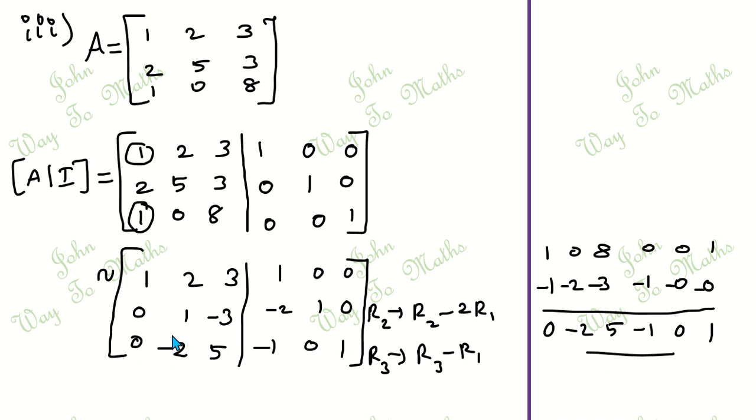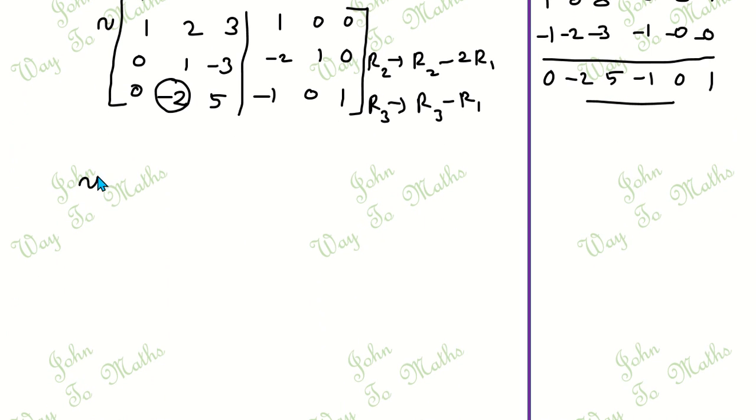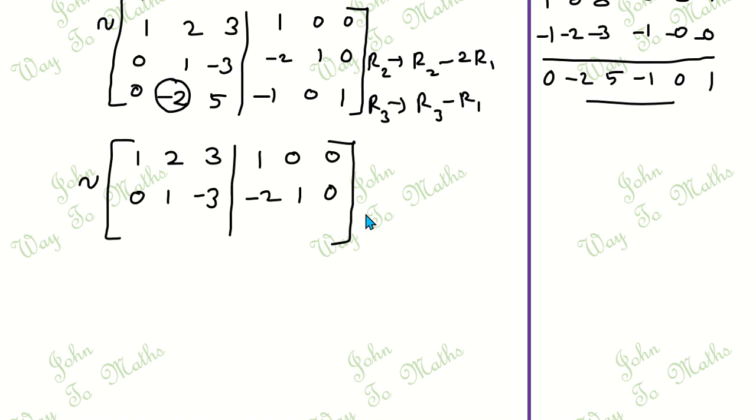Next I'm going to minimize the third row second element using r2. The first two rows have no change. Row 3 plus 2 times row 2: with 2 times, 2 minus 2 becomes 0. Row 3 is 0 minus 2 5 minus 1 0 1.